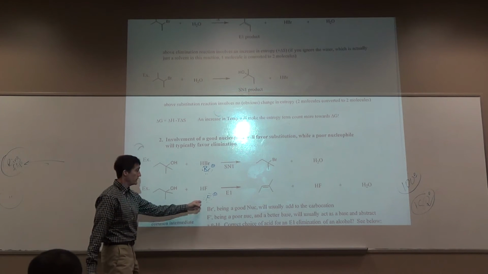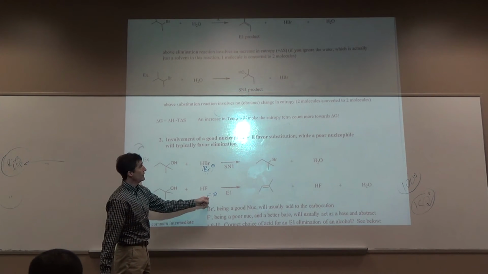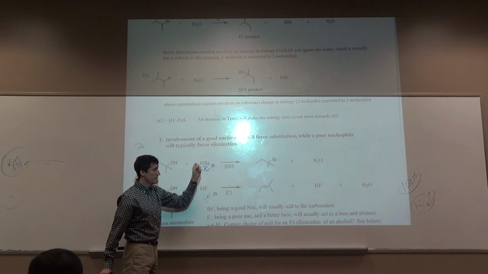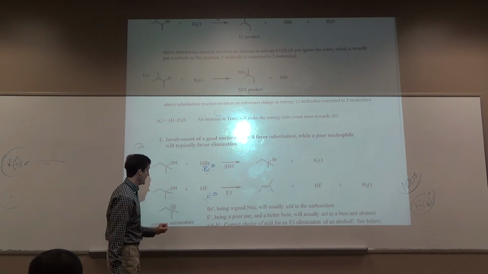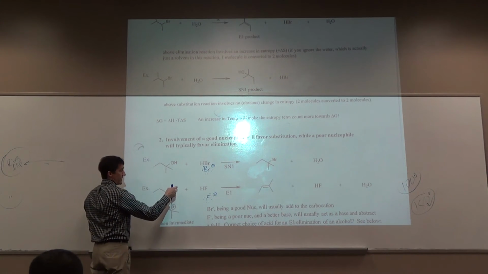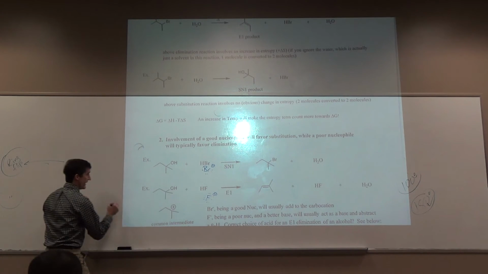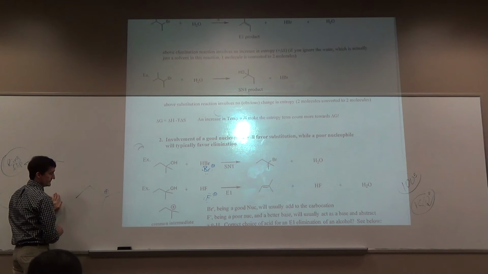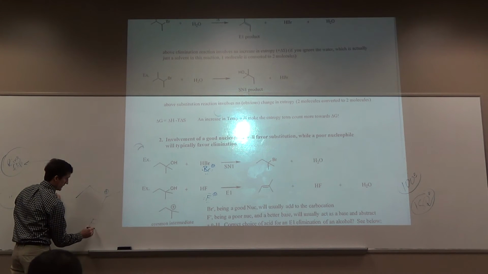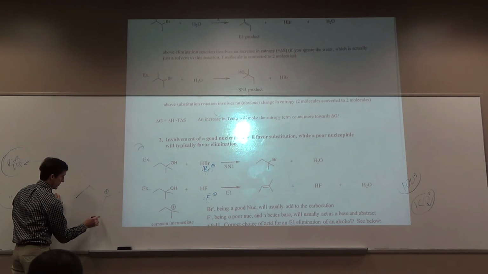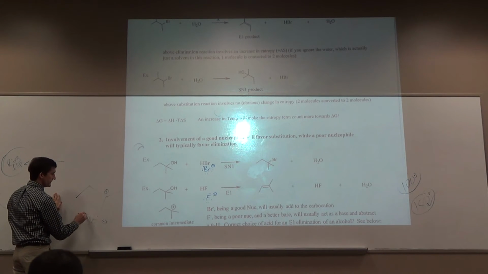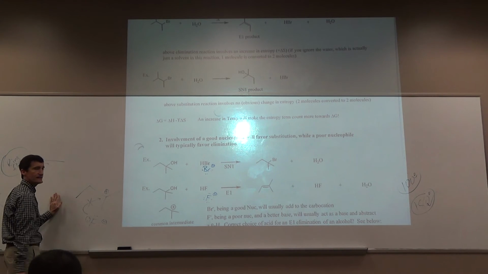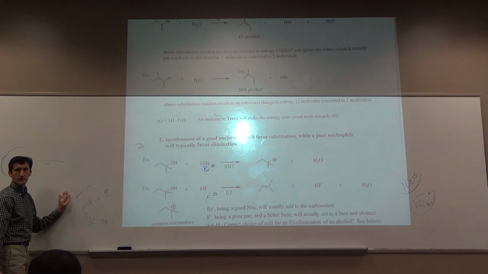F minus is a poor nucleophile. A poor nucleophile will favor elimination. And indeed it does, because you protonate, you ionize, and so you get to this cation. The F minus just doesn't tend to want to act as a nucleophile.